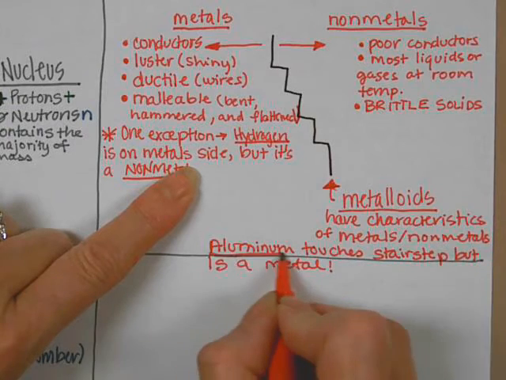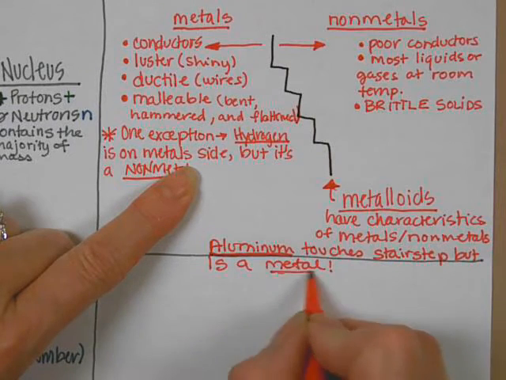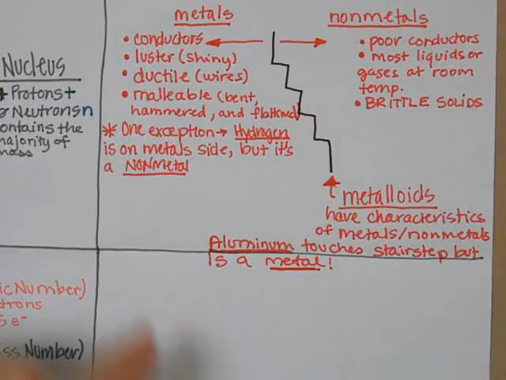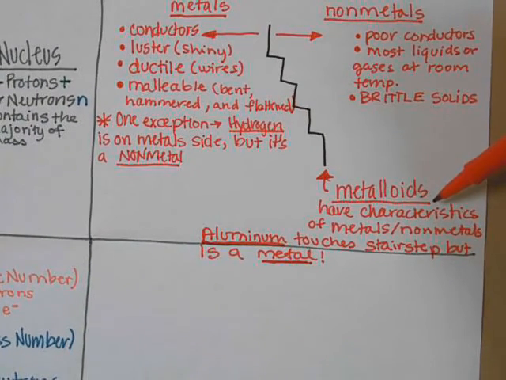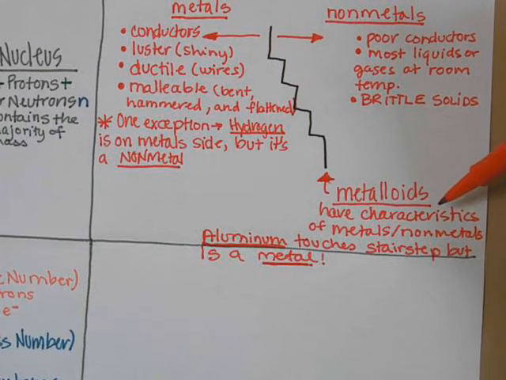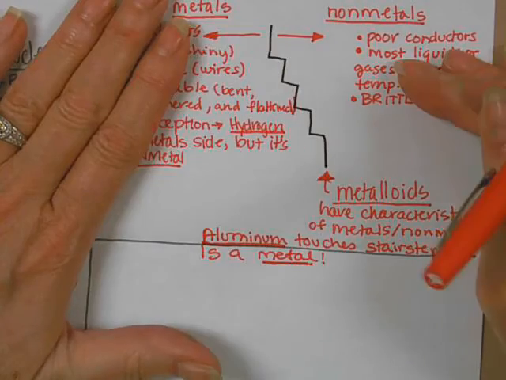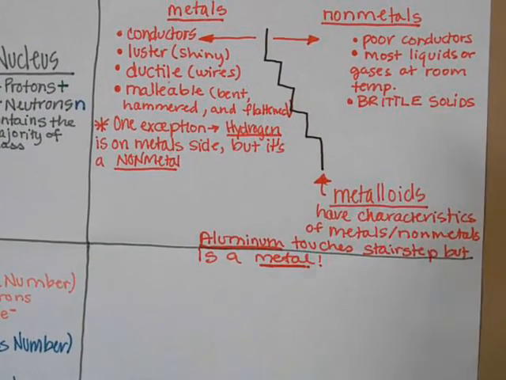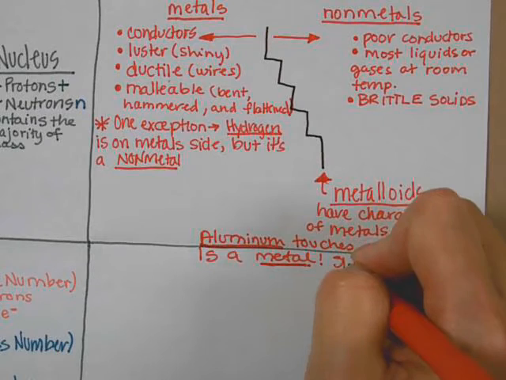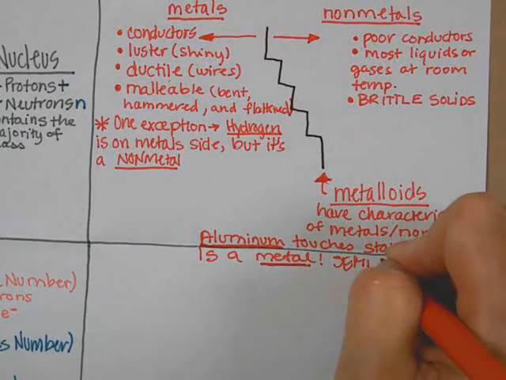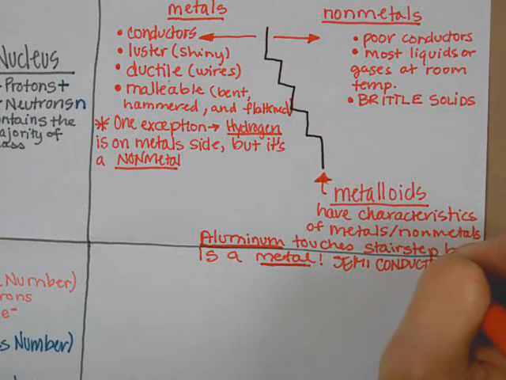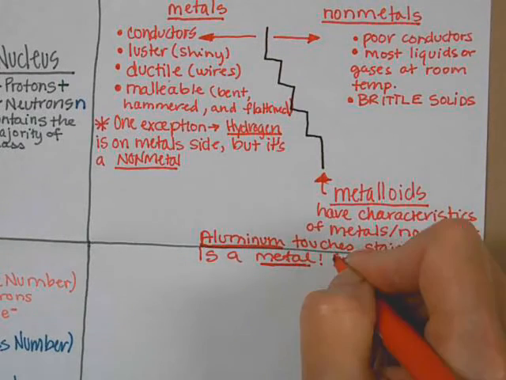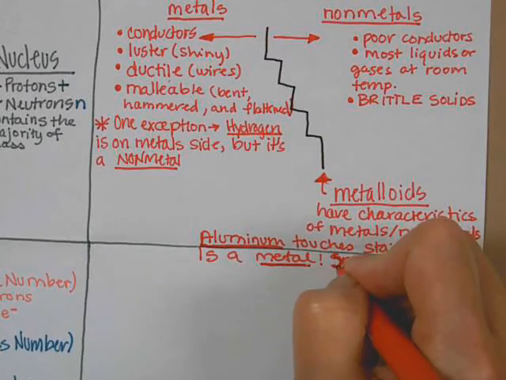So aluminum, even though it touches the stair step, it is a metal. In this category of metalloids you would find elements that are considered semiconductors. These conduct under certain circumstances. So we're going to write semiconductors. But just remember that aluminum is a metal even though it touches the stair step.